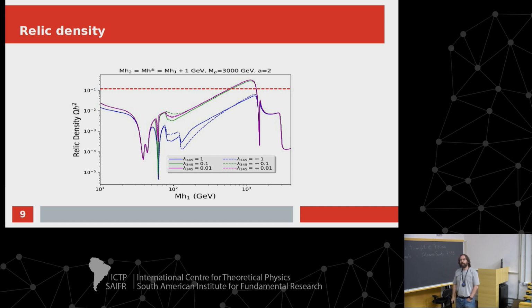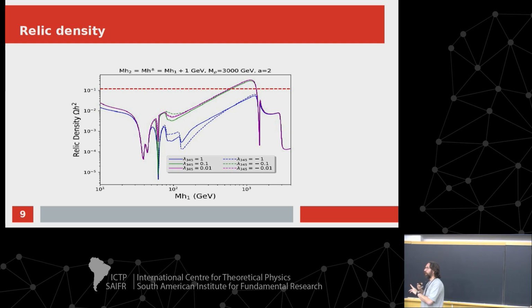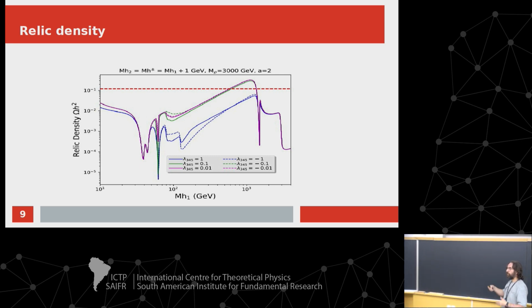Are you permitting those? There are interaction terms between phi 1 and phi 2, but they are not mass mixing terms, because phi 2 is odd under a Z2 symmetry, like in the inert doublet model. So there is no mixing.